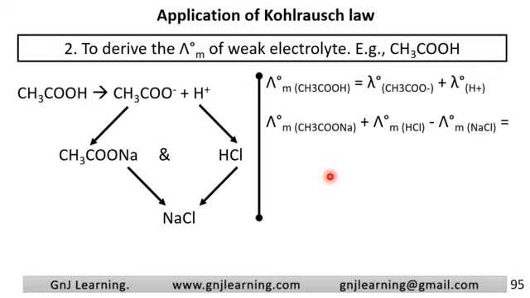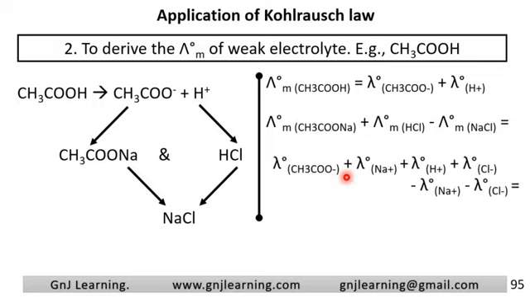So I am substituting: this is a contribution of CH3COO minus and Na plus, this is the contribution of H plus and Cl minus, and this is the contribution of Na plus and Cl minus, and since it is minus, both will get a minus sign. Now Na plus and Na plus will cancel out, and Cl minus and Cl minus will cancel out due to opposite signs.